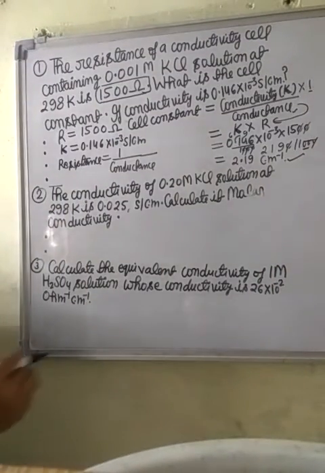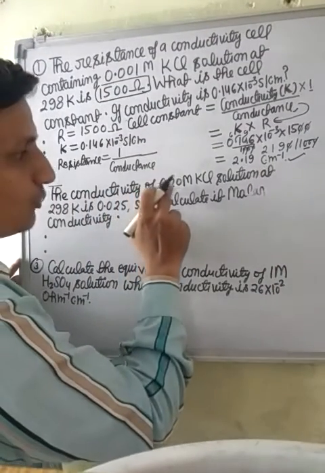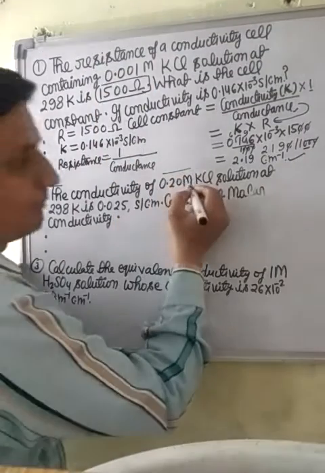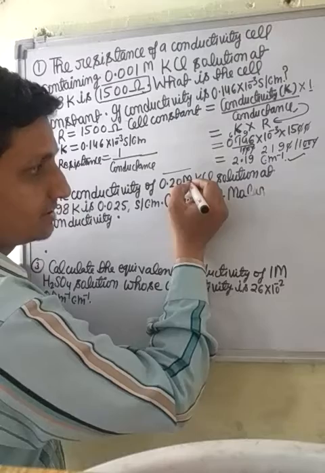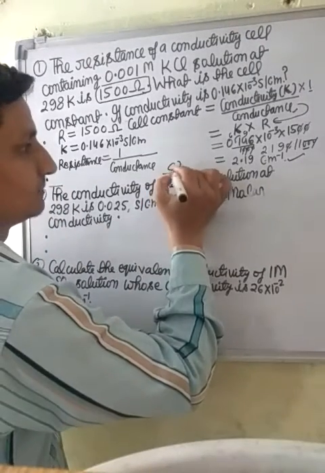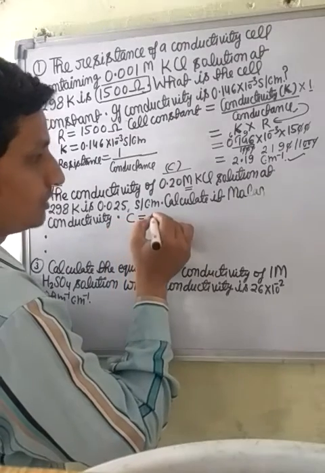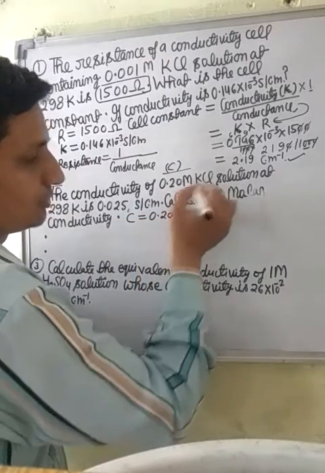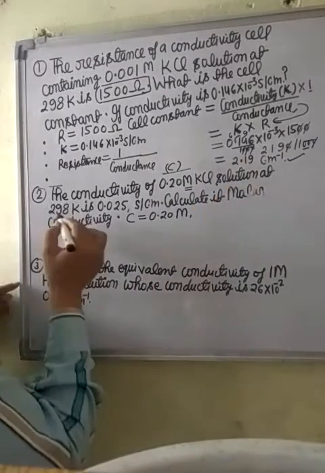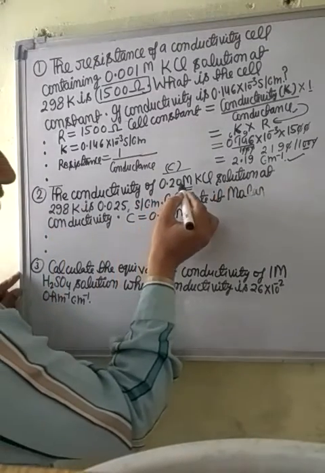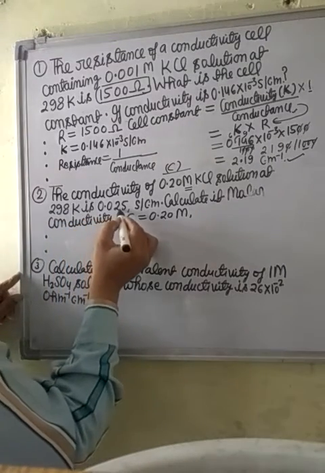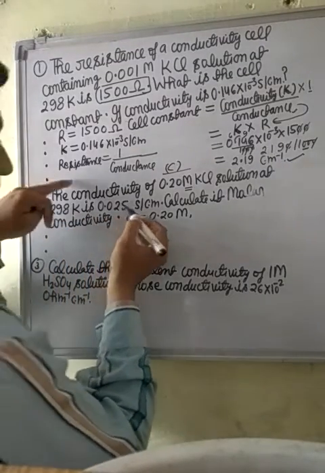Okay, after this, the next question: the conductivity of 0.20 M KCl solution at 298 Kelvin is 0.025 Siemens per centimeter. This is concentration. I have told you in the first question, M is for mole per liter, the unit of concentration is molarity, and the molarity unit is mole per liter. So concentration C is equal to 0.20 M, or mole per liter.